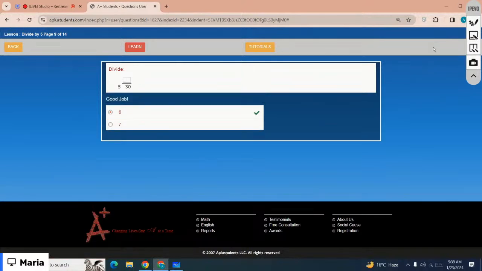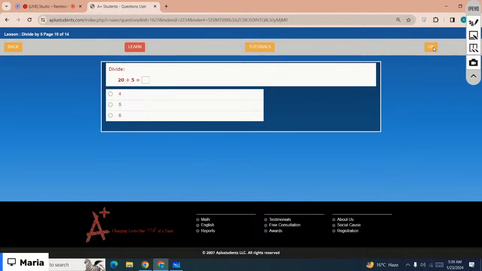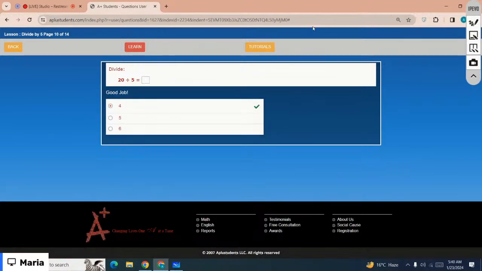The correct option is 6. The next one is 20 divided by 5. So, which is the correct option? 5 times 4 makes 20. The correct option is 4, right?